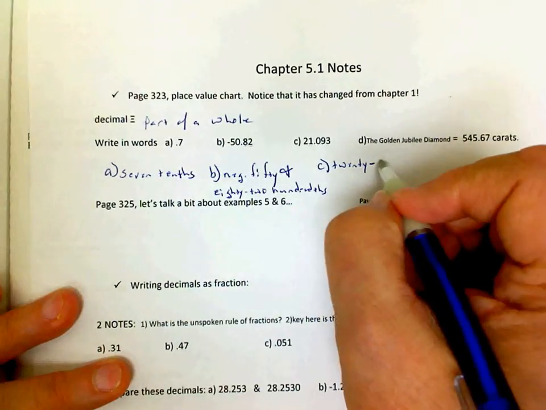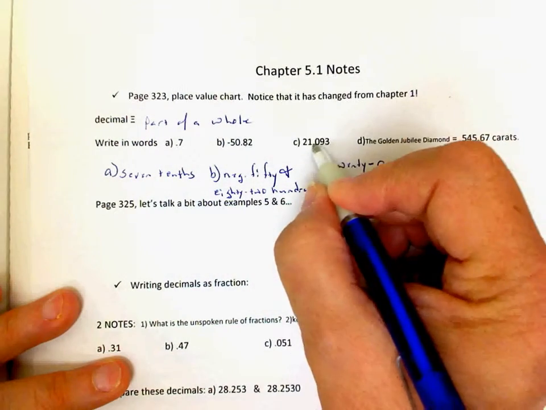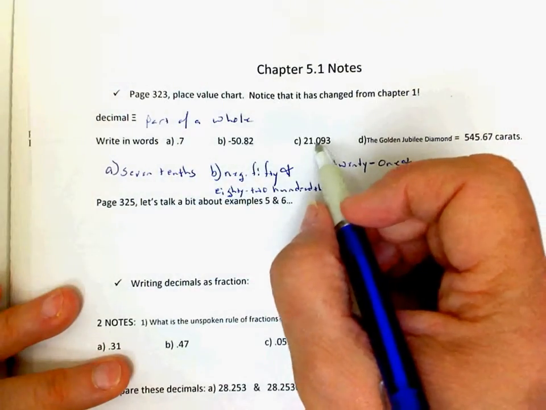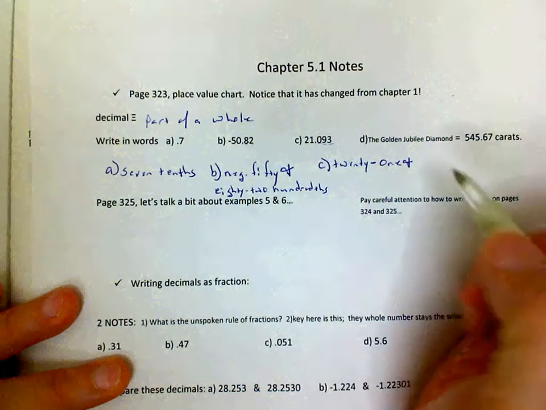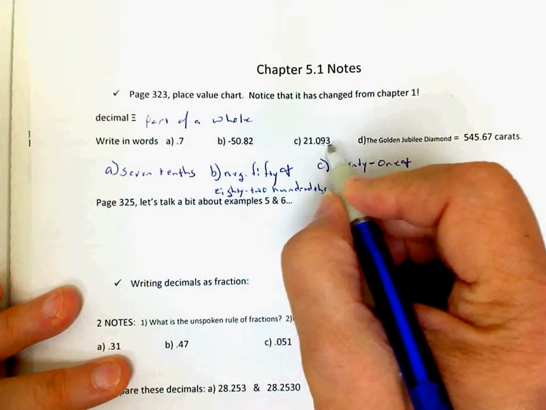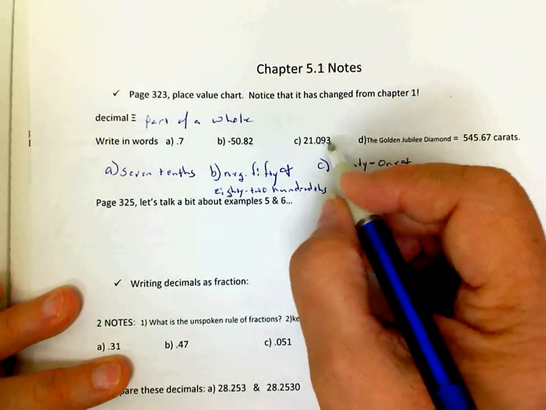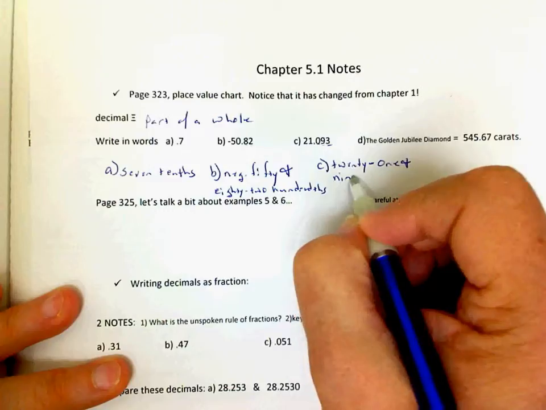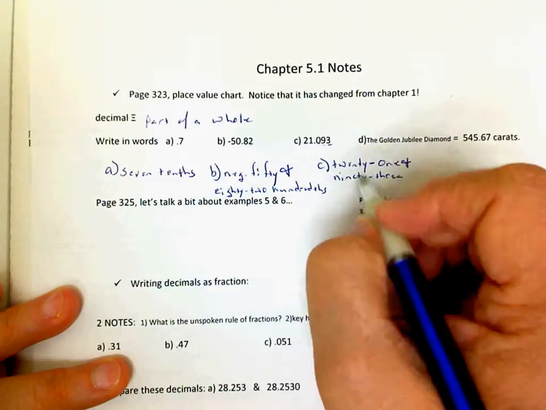So 21, and then we have a decimal, and then tenths, hundredths, thousandths. We always have to end with where that last decimal place goes. Now, so 90-3 thousandths.